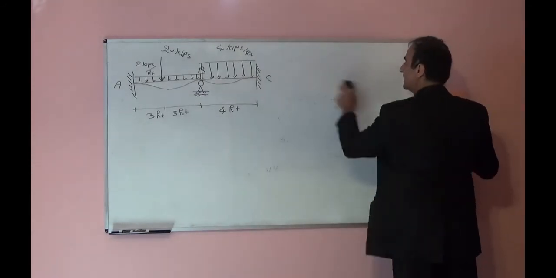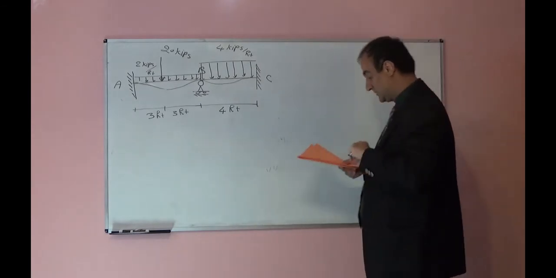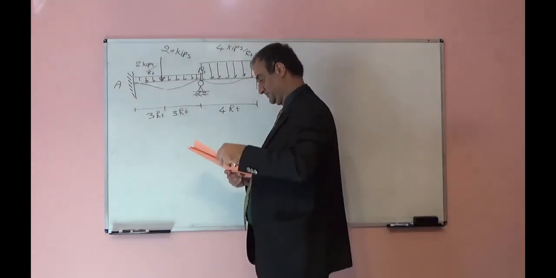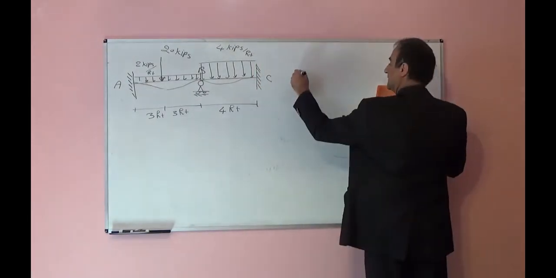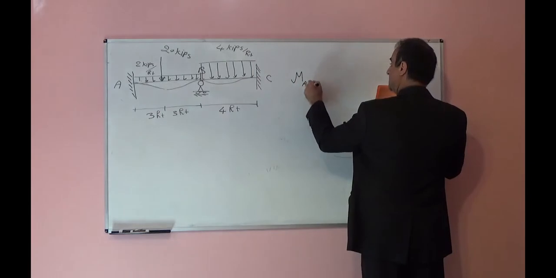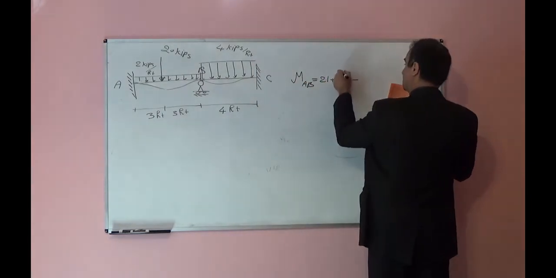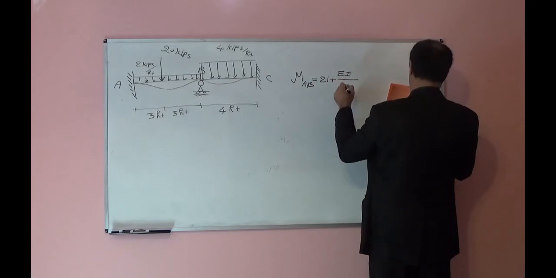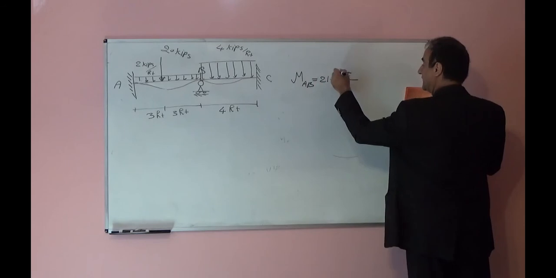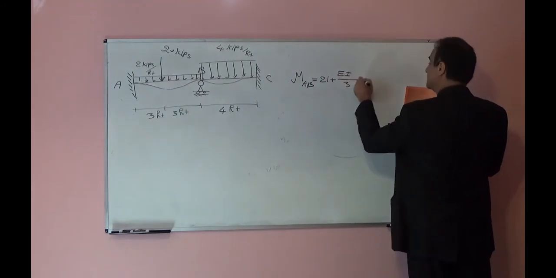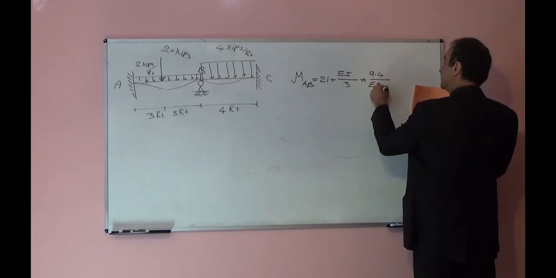If I plug that in the slope deflection equations, I will find MAB is equal to 21 plus 2EI over 6, or EI over 3, times theta B, which is 9.4 over EI.